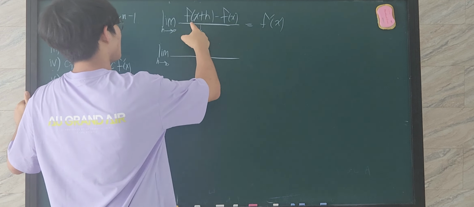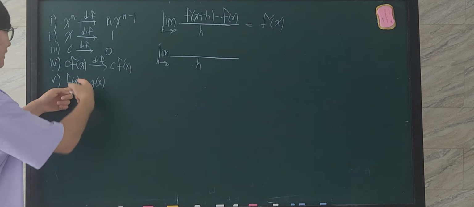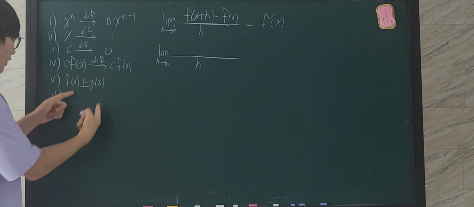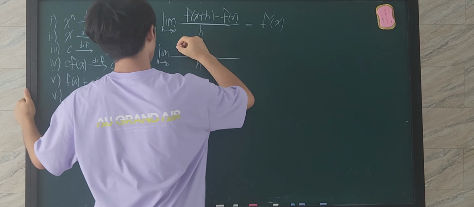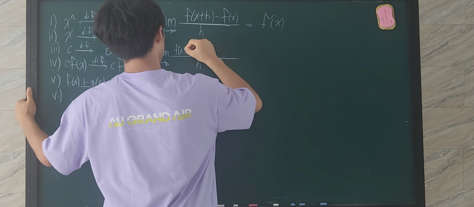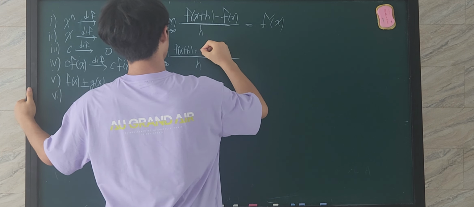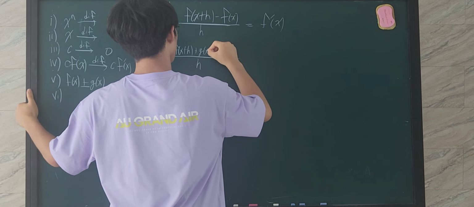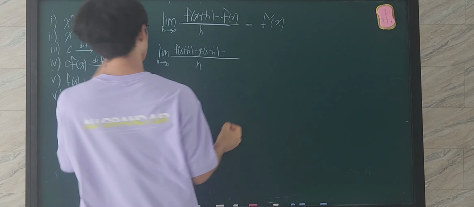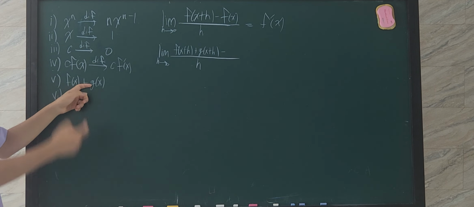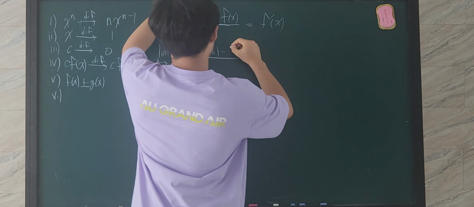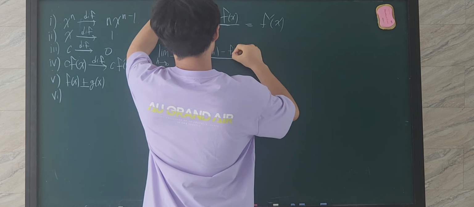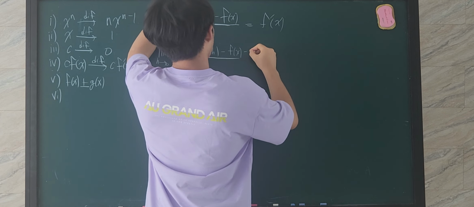So since it is f(x+h), because this is the entire function I want to find the derivative function from, I have to insert x plus h in both f and g, right? So it's going to be equal to f(x+h) plus g(x+h), and then minus f(x), so it's just going to be equal to f(x) plus g(x). However, since there is a minus here, it's going to be f(x) minus g(x), right?